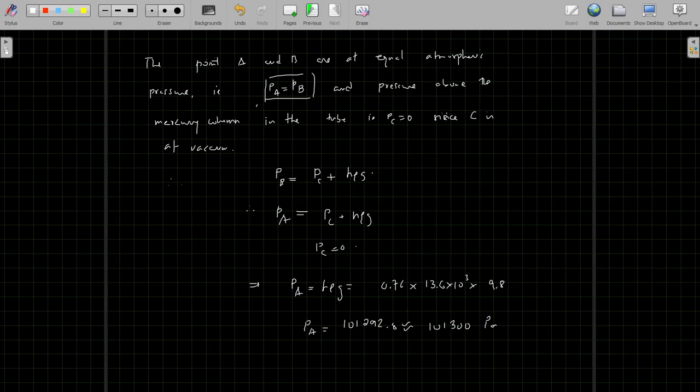So 1 atm is also, another unit of 1 atm would be 760 millimeter of mercury or 76 centimeter of mercury or 0.76 meter of mercury. So this is another unit.